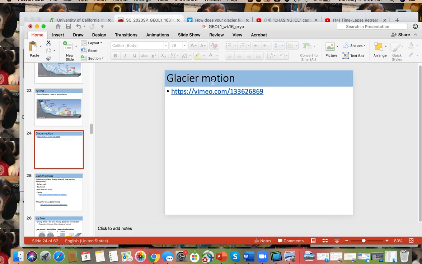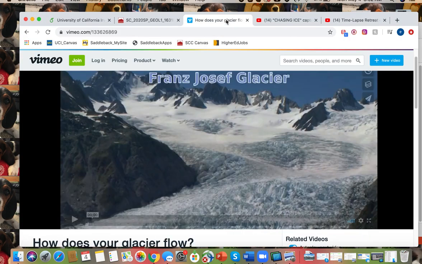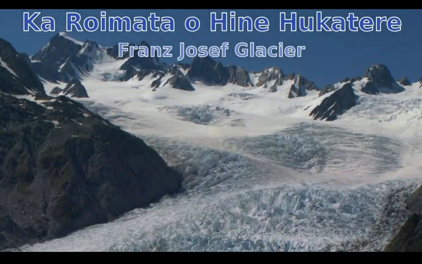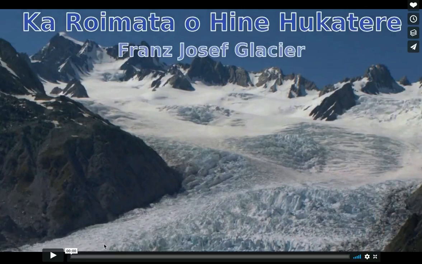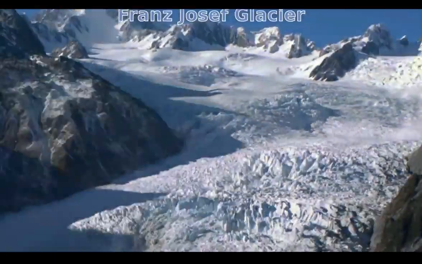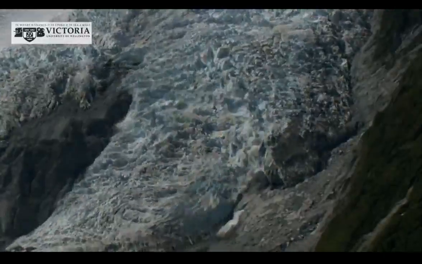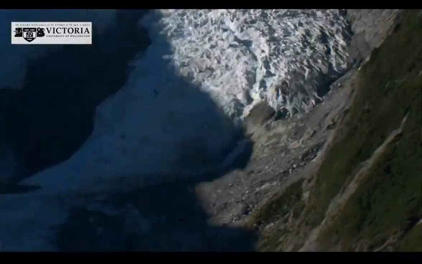So here I can show you what I mean by glaciers flowing. This is time-lapse imagery put into a movie to show how the glacier moves. It's sped up, of course. This is a couple of days' worth of pictures.